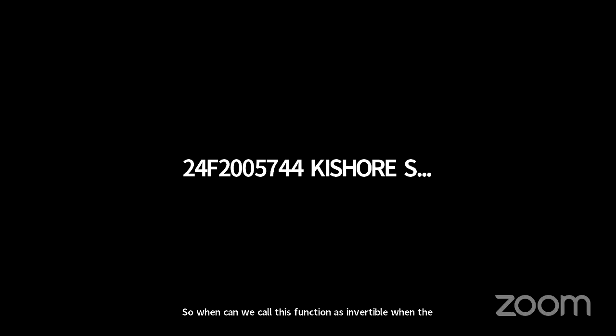Okay, so let us start. Probably you all know that for a function f, when can we call this function invertible? When the function is injective and onto, that means a bijective function.